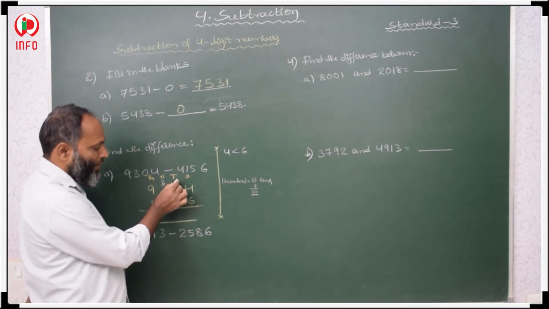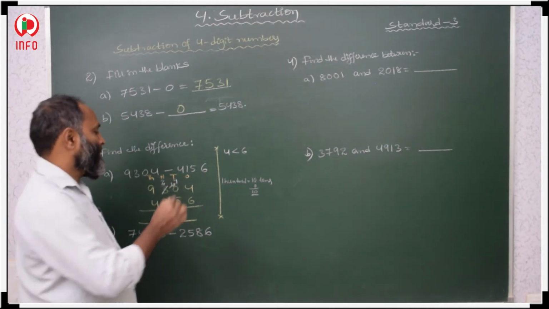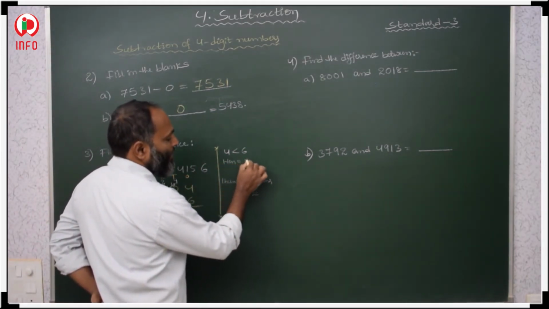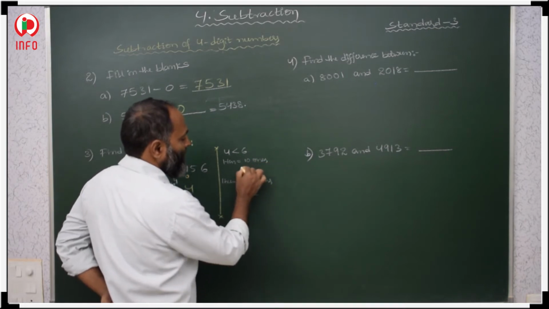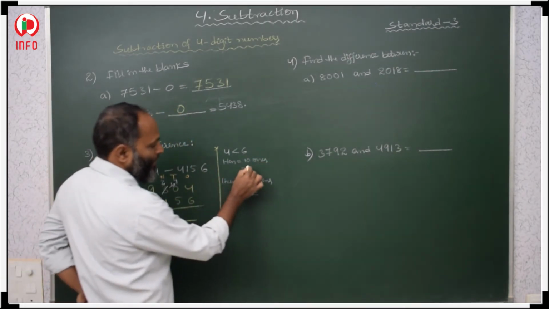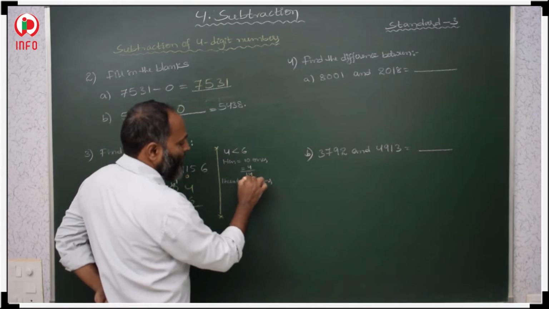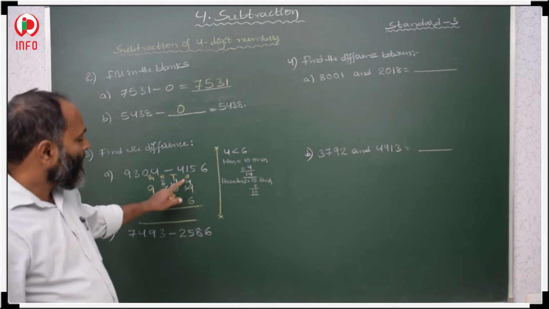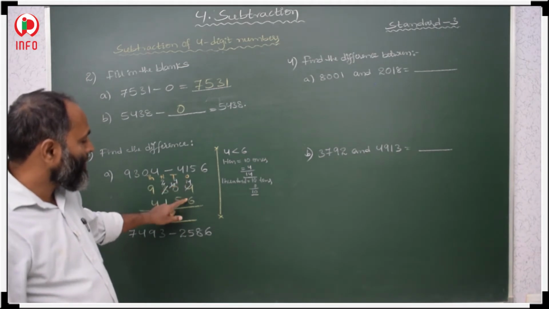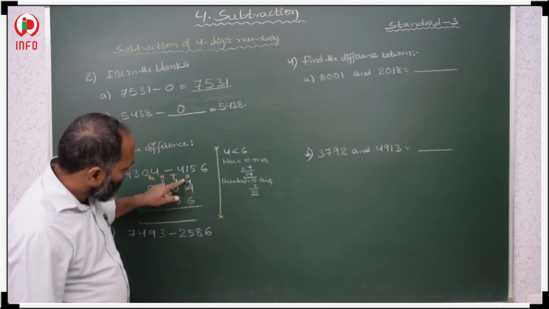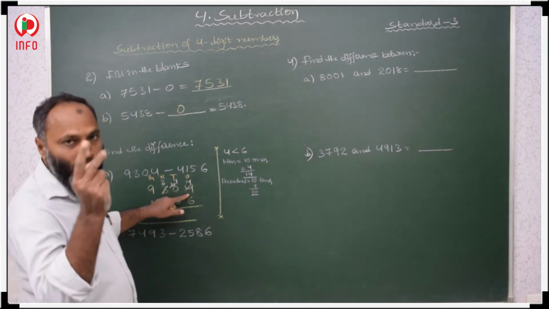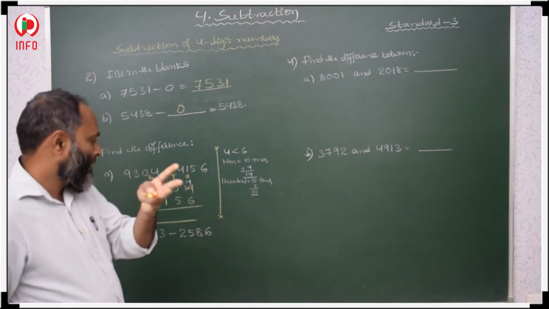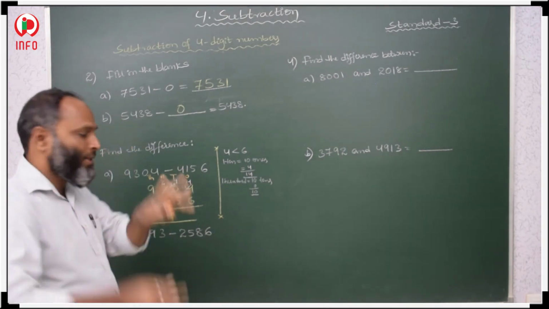Out of 10, 1 ten taken means 9 tens is left here. Then 1 ten is equal to 10 ones. 10 ones, already 4 ones are there. 10 plus 4, 14 ones. 14 minus 6. 7 to 14 you have to count. 7, 8, 9, 10, 11, 12, 13, 14. Total 8.